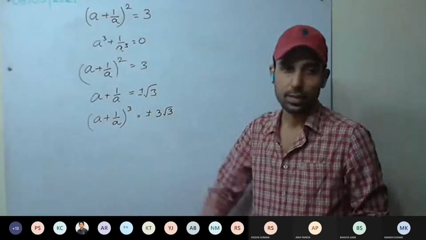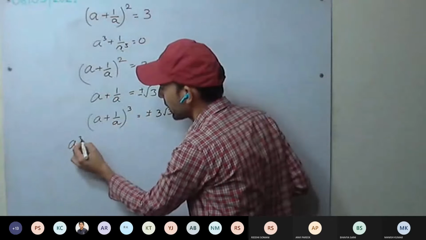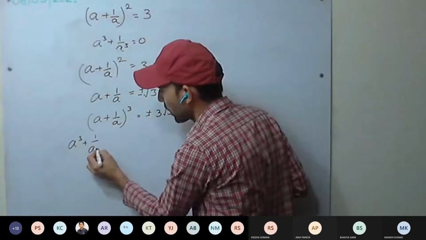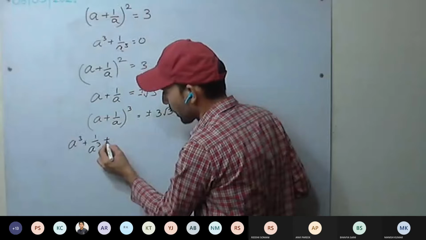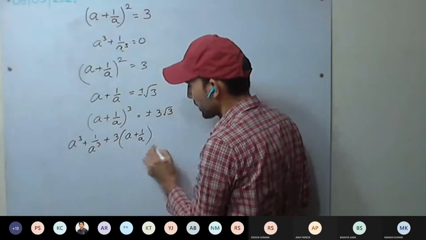Now expand the left hand side. So how much are we getting? a cube plus 1 upon a cube plus 3 times a plus 1 upon a.